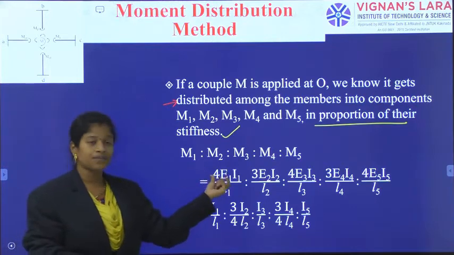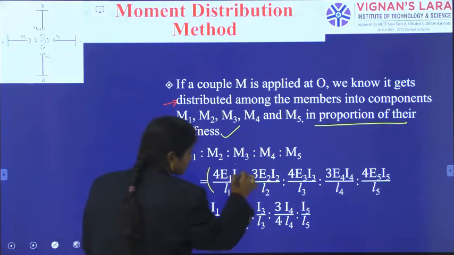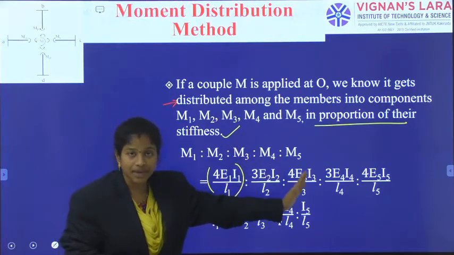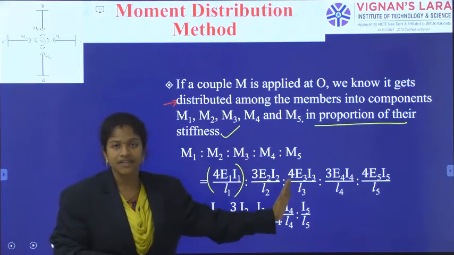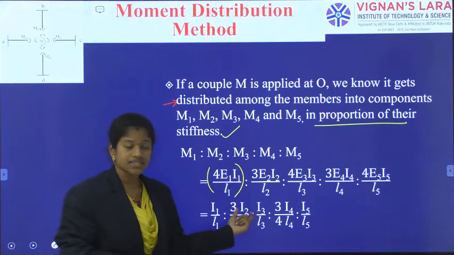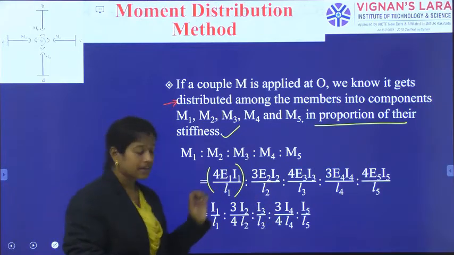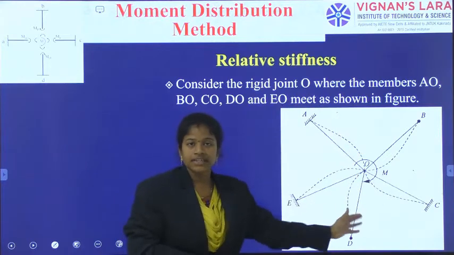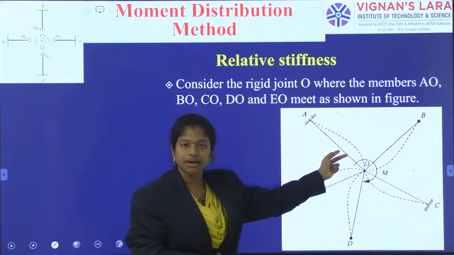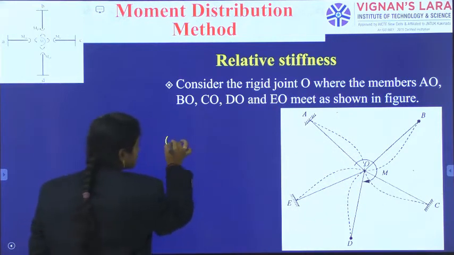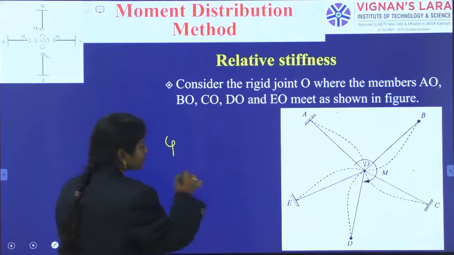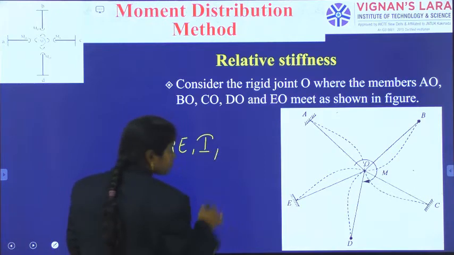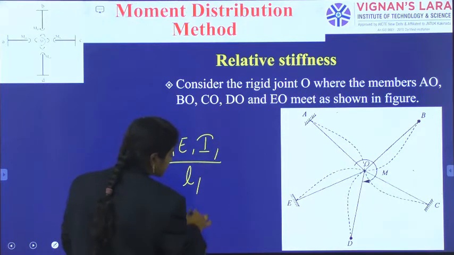What is the moment formula? These are the formulas for the stiffness. Moment proportions will be in the ratio of the stiffnesses: stiffness of the first segment, stiffness of the second segment. As we have taken our older example only, for these members, what is the stiffness of the first segment? The first segment will have 4, as it is fixed, and it will have some Young's modulus, some moment of inertia and a particular length.